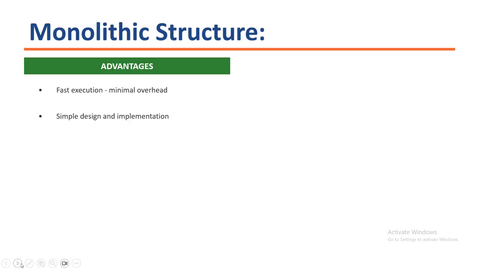Simple design and implementation, because everything is bundled into one program instead of being split into many separate layers. So, it's easier and quicker for developers to build in the first place.